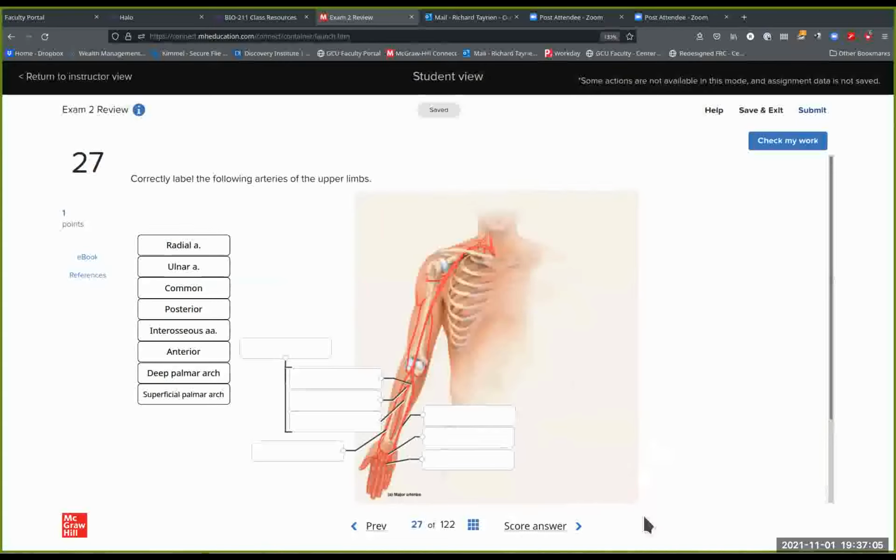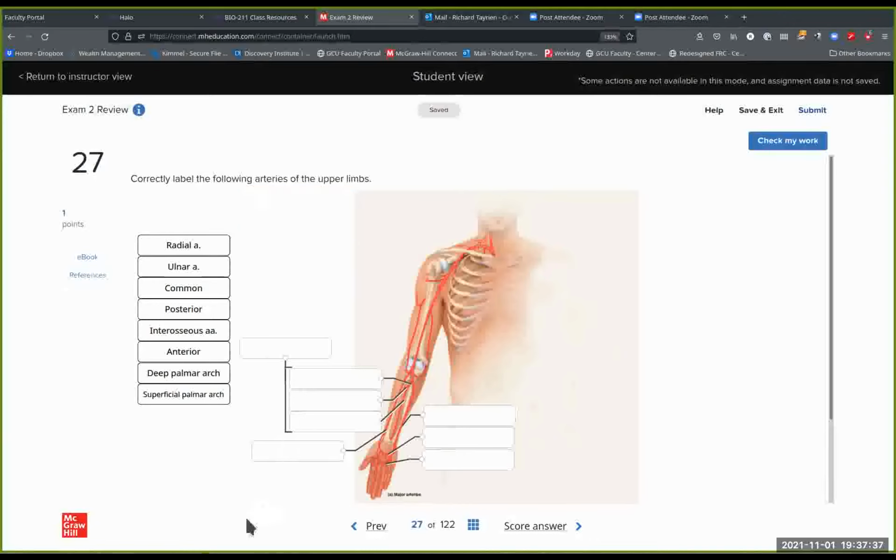Okay, arteries of the upper limb. We haven't done this yet. Looks like we're starting. Looks like everything's below the elbow here. They're just focusing on the small arteries here. So these you're not going to see, but of course these are interosseous arteries.